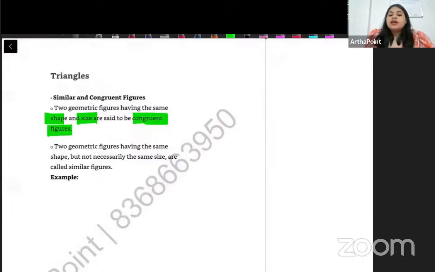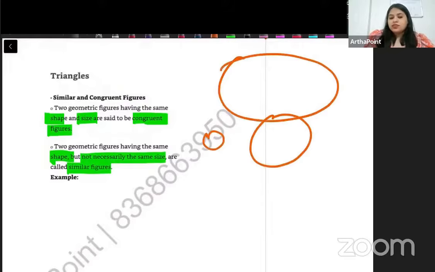Two geometric figures that have the same shape but not the same size are called similar. Like all circles are similar, but they don't have the same size. They are not congruent.